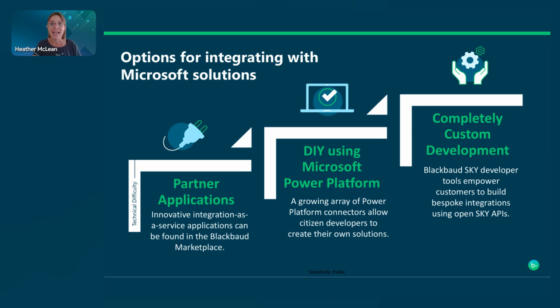Then there's why you're here today: it's DIY. You want to use the Microsoft Power Platform, which obfuscates all of the coding and the authorization and all of these really codey concepts behind the scenes and allows you to build an application. So that's what we're going to do here today. And then we've got our pro code colleagues who are going straight to the source and able to use the APIs for complete custom development. But we're all using the same framework and the same tools, just in different ways.